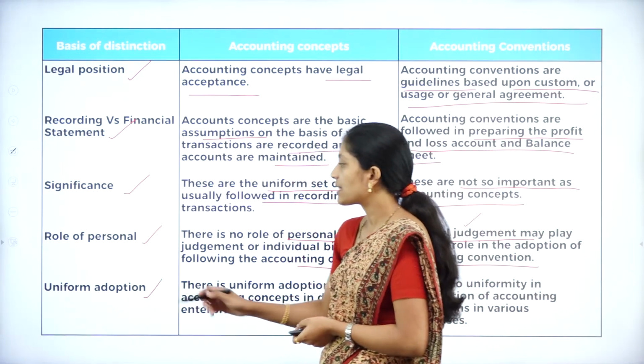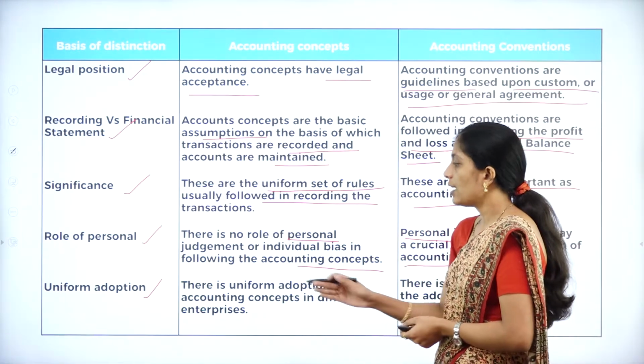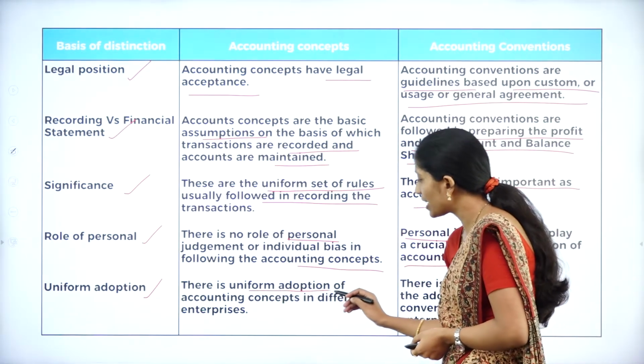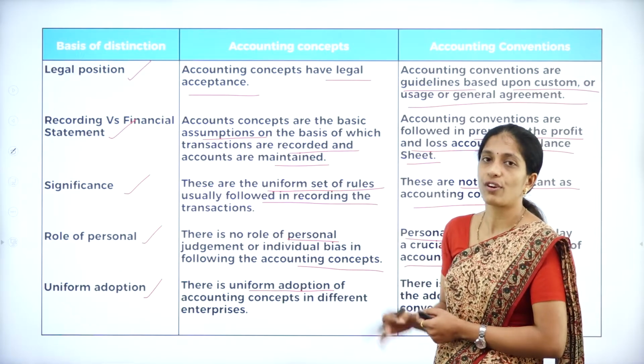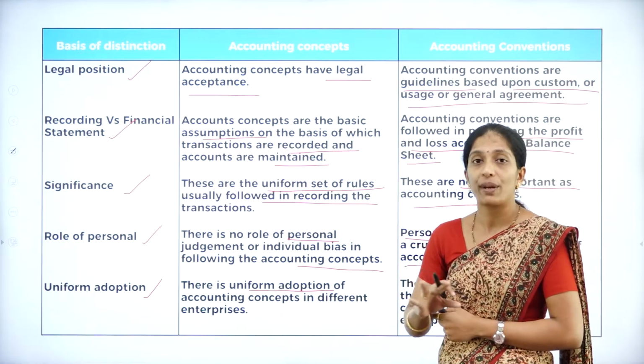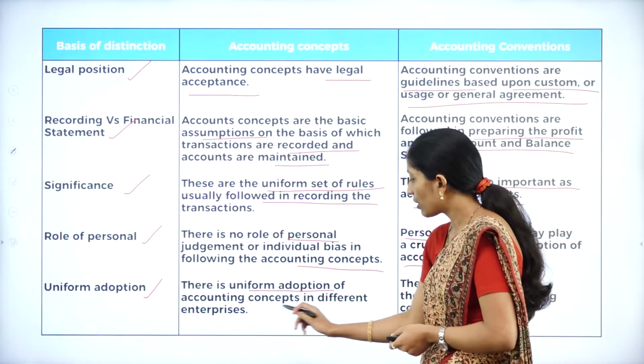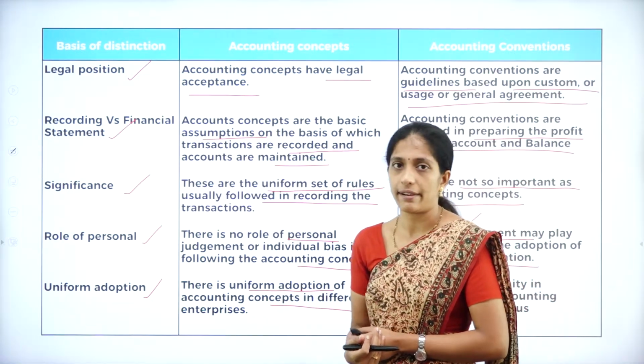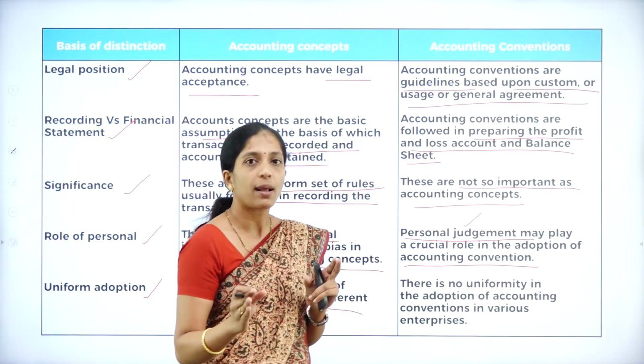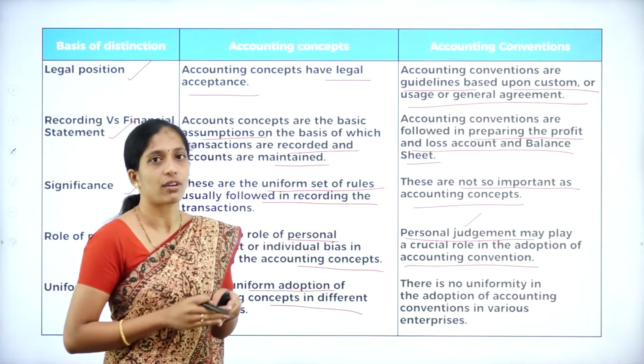Next difference is uniform adoption. Each and every organization has to follow accounting concepts in order to bring uniformity. So there is uniform adoption of accounting concepts in different enterprises, and different enterprises have to follow the same accounting concepts.